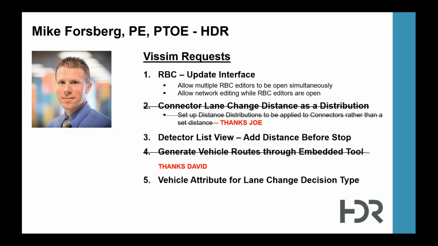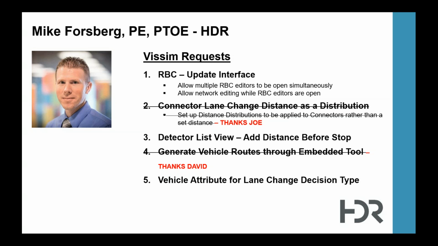And the last one that I added, again, while on the webinar here, was a vehicle attribute for the lane change decision type. This is something that came up recently on some work we've been doing with connected automated vehicles, and with trying to keep platoons of CAVs together. We've made a lot of scripting to handle some things and keep platoon integrity intact.